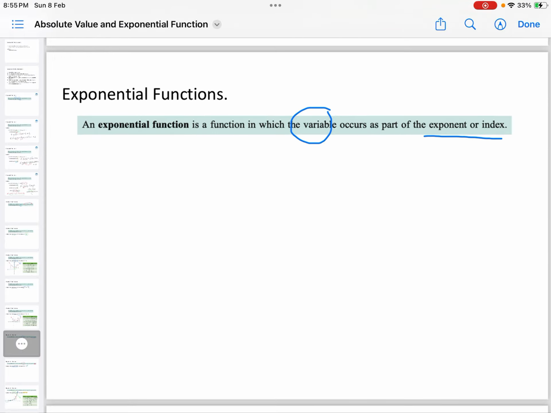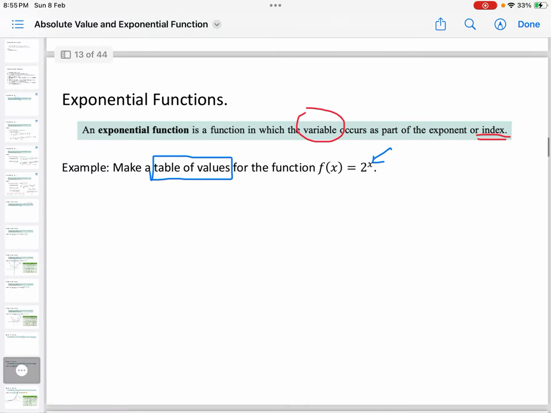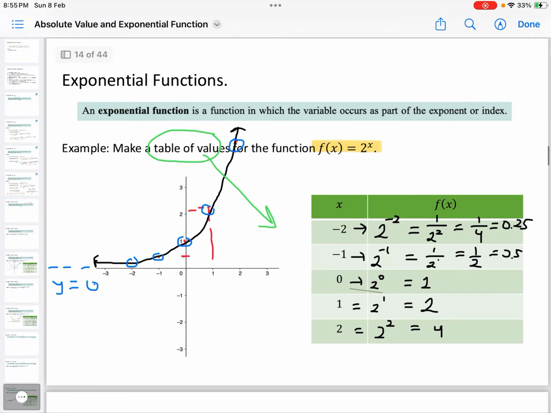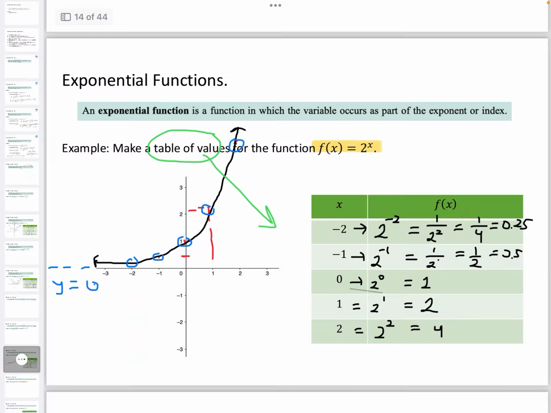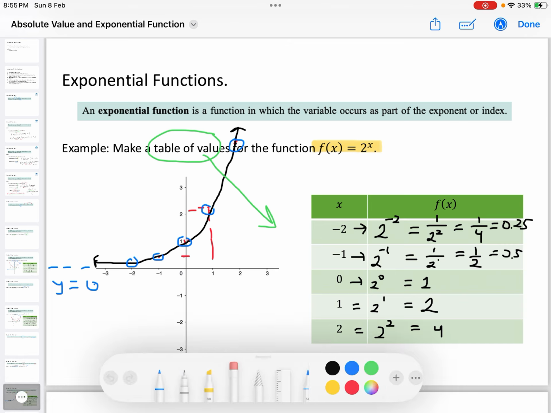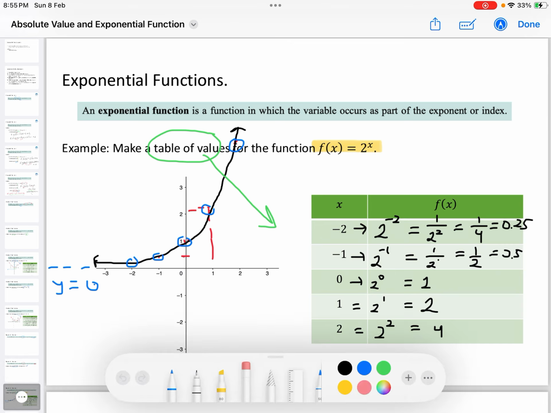And then finally, I finished by making an introduction to exponential functions in which the index is the variable, and we made the drawing of 2 with the power x. The graph looked like this. A few features important for this case is that there is a horizontal asymptote over here on the left.